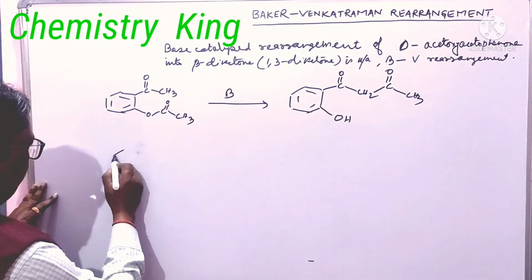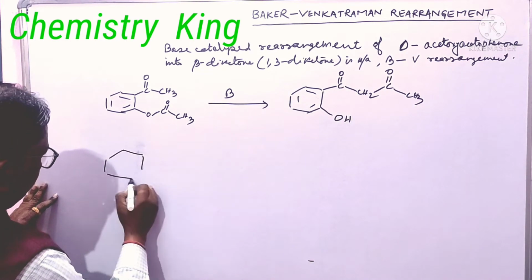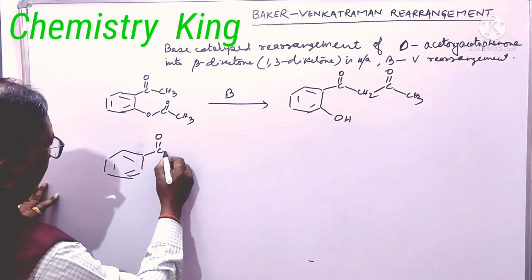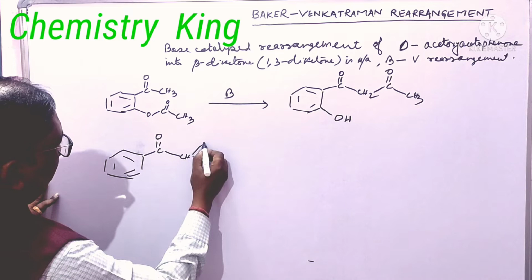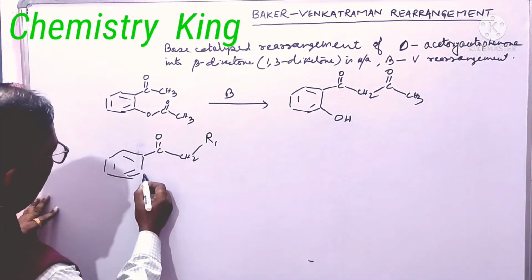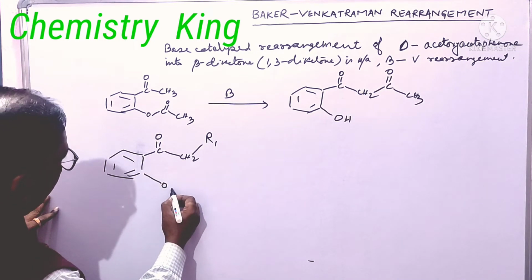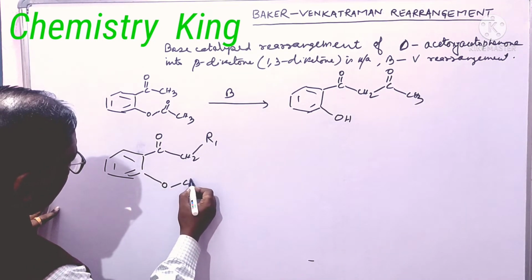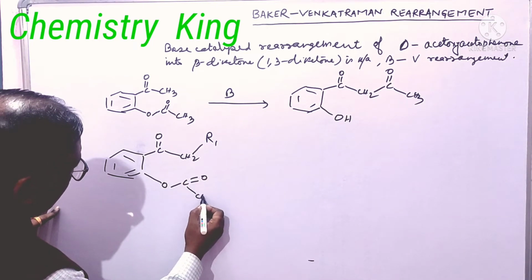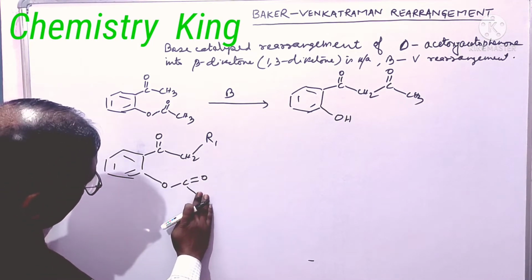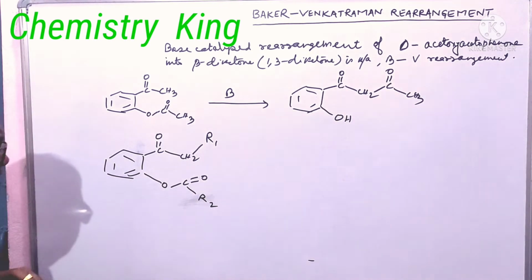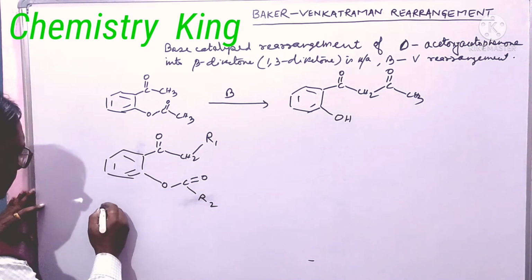In general, you can write, suppose C double bond O, CH2 bond R1 in general, and here O, C double bond O, R2.